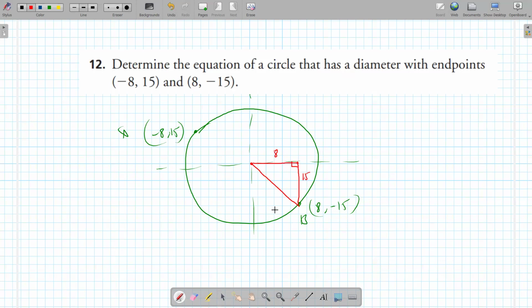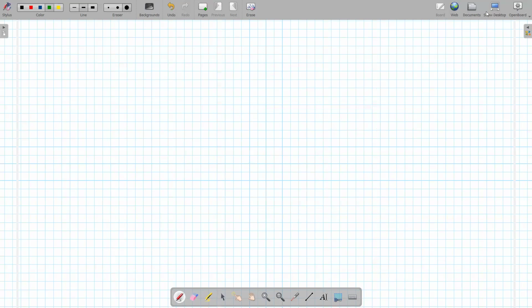The square root of that. Yes, that's 17. We already have the answer. So what's the equation of this circle? We know that the radius is 17, right? And that's it. Equals 289 or equals 17 squared and you're done. Cool? That's it. Nothing too fancy.